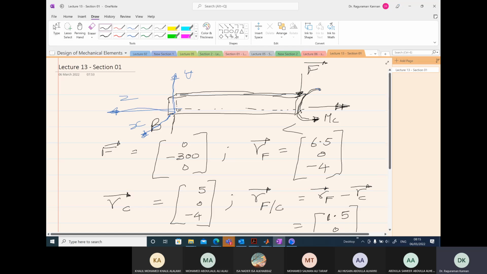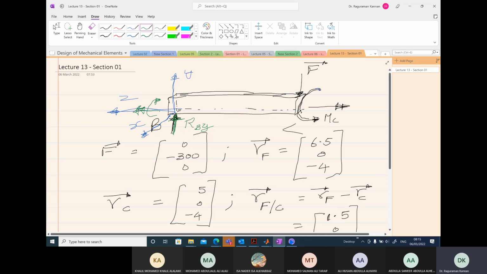So we can see only the Y reaction force, and there is a torque reaction, otherwise with a double arrow here.